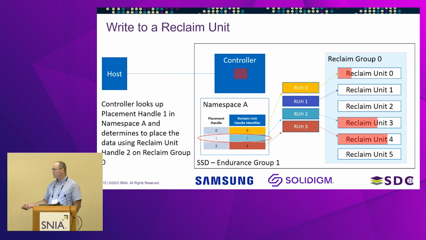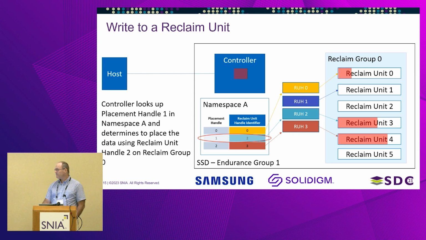And when this data came in here, it came in through the new data placement directive. So we had the streams directive, we added a new directive, and that directive provides 2 pieces of information, the placement handle and which reclaim group. Now there is also an option that if you only have one reclaim group, then only the placement handle needs to be passed in the interface.